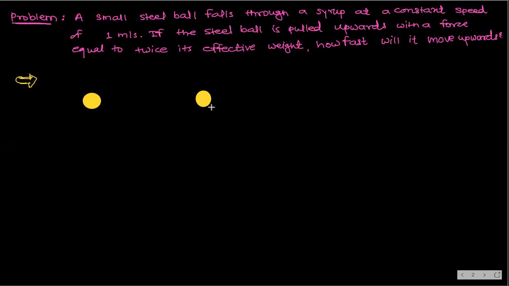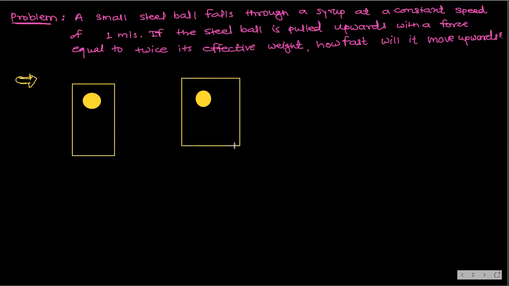In case one what we are doing, and in case two what we are doing. So this I am taking for case one, this I am taking for case two. Okay, so there is a syrup. So like this is syrup.